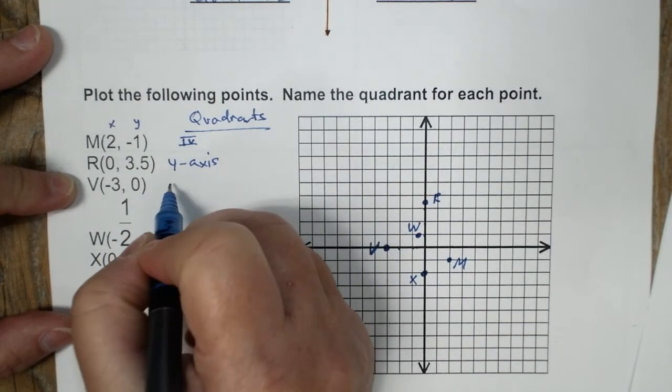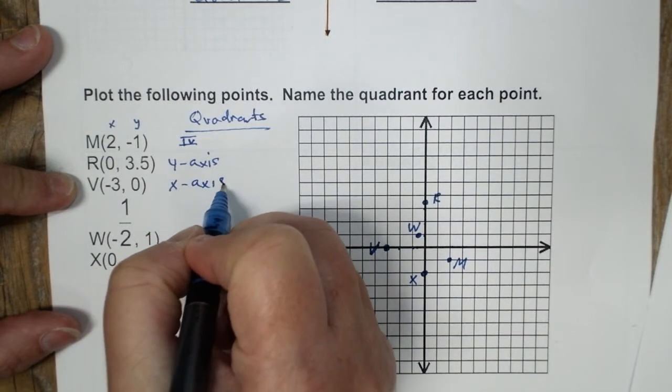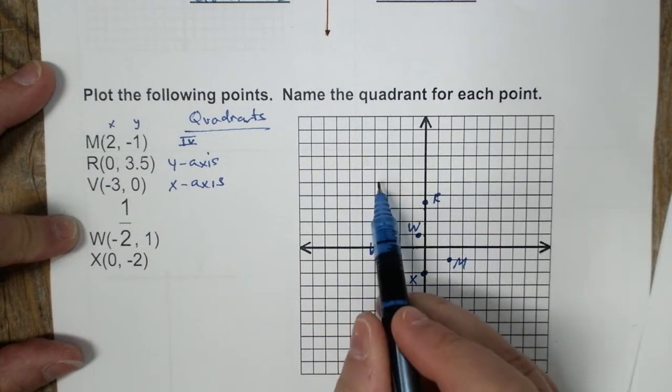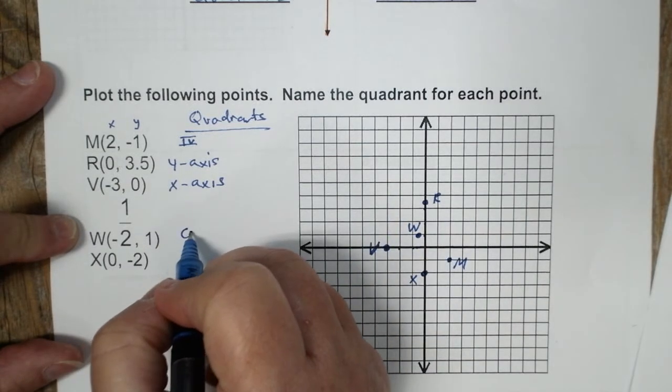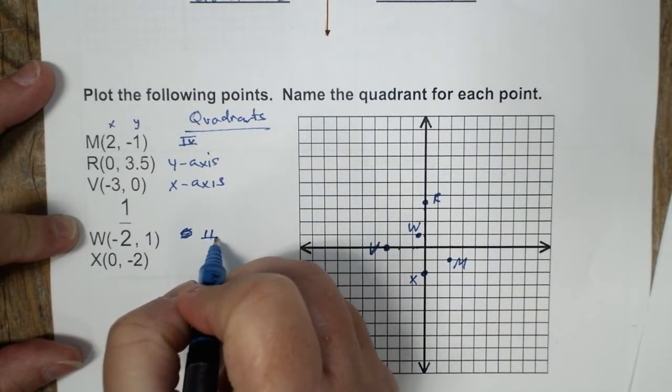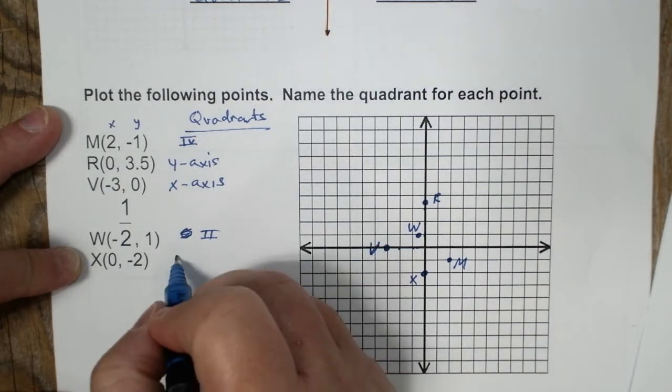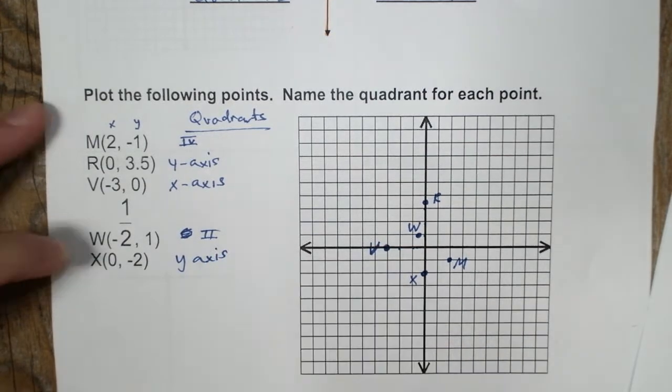V is on the x-axis. W, quadrant 1, quadrant 2, so quadrant 2. And X is on the y-axis.